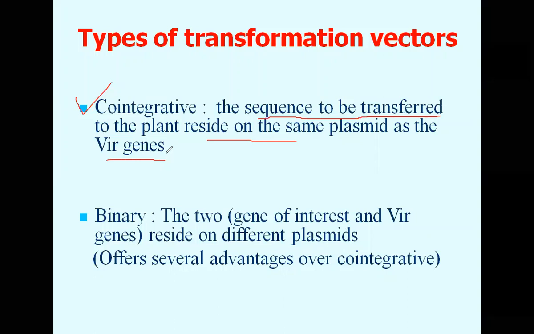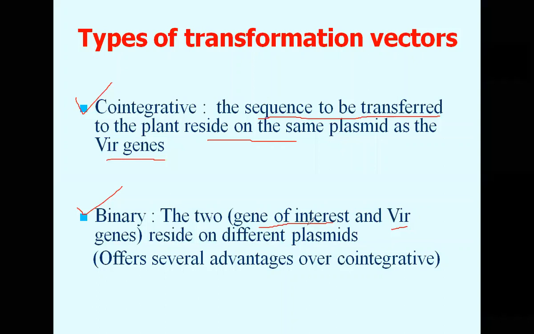or co-integrative plasmid. Vis-a-vis, there is another strategy which is more popular. It is called binary vector system. The gene of our interest and the Vir genes, which are actually required for transferring that gene into the plant cell, these two are located on two different plasmids.